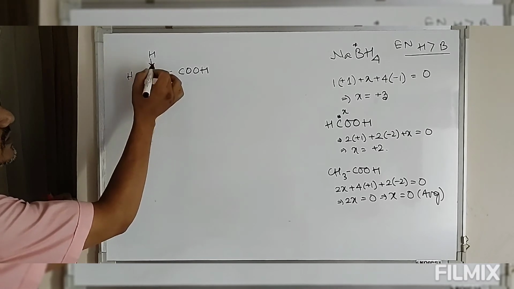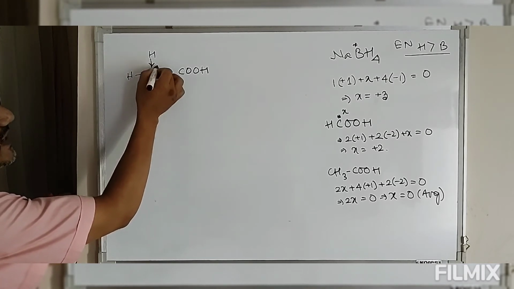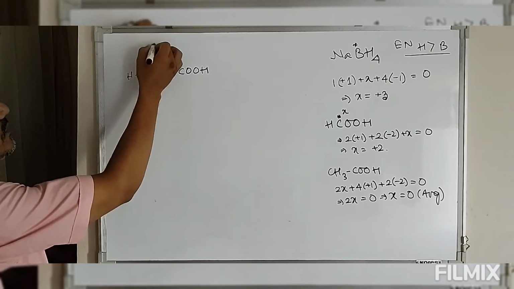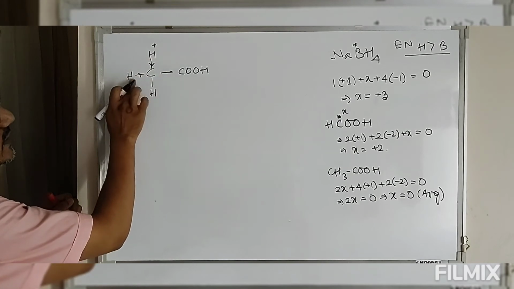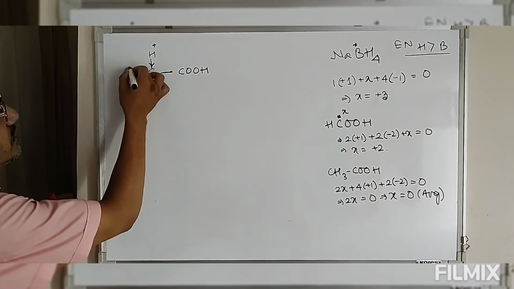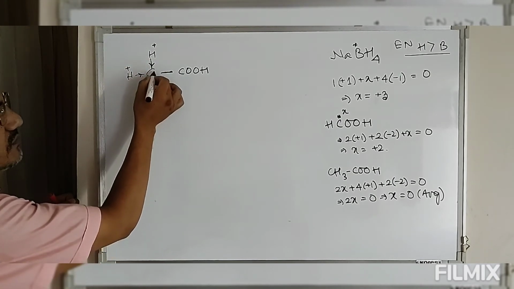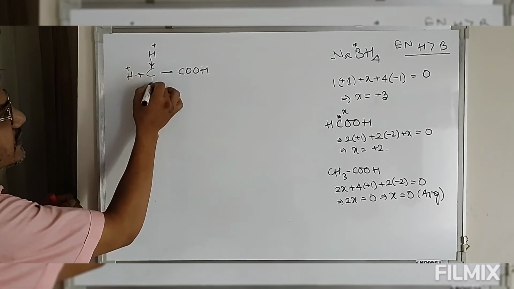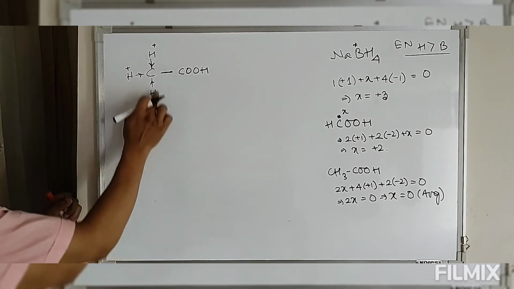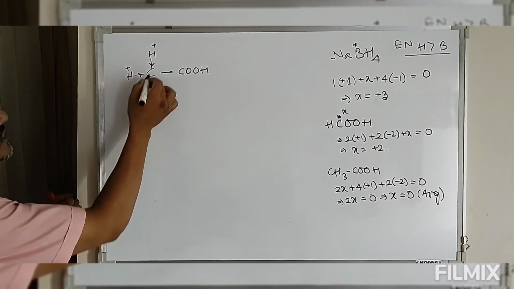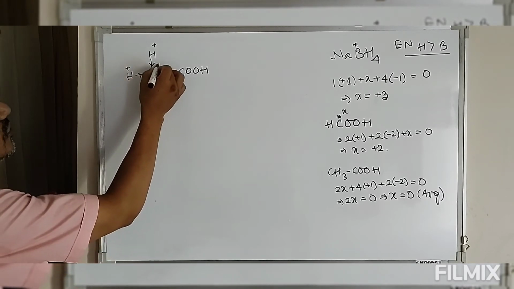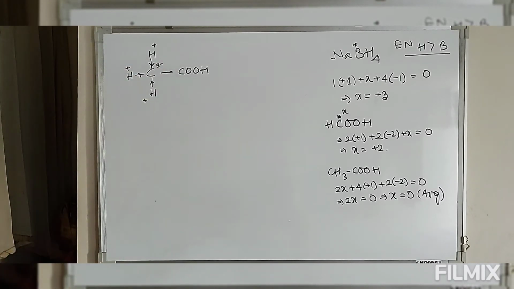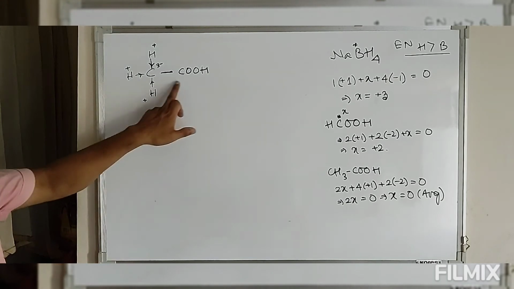So carbon will acquire minus 1, and this is plus 1. The same electron is withdrawn towards carbon, so this will acquire plus 1, and this will acquire minus 1. So minus 1, minus 1, minus 2. Now again carbon will withdraw this shared pair of electrons towards itself. So this will acquire plus 1, and this will acquire minus 3.